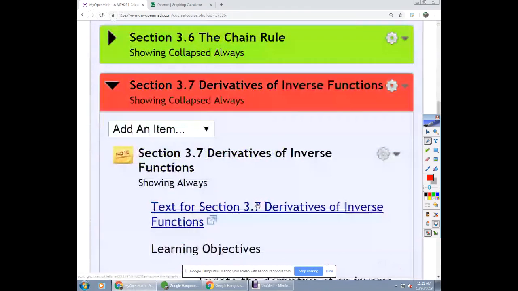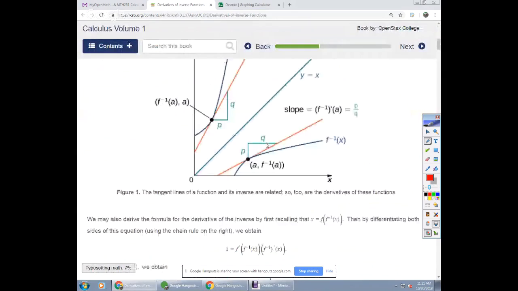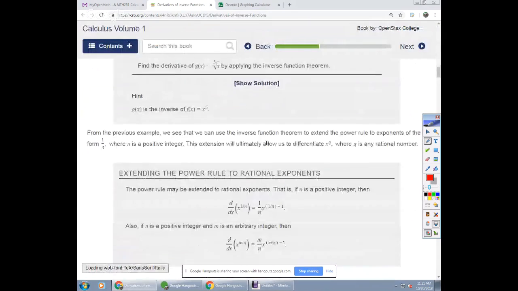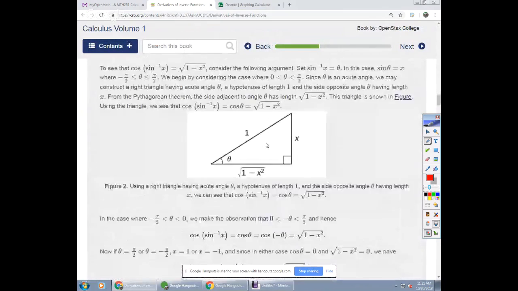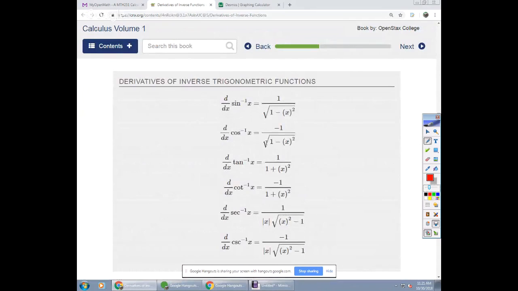So here they are. Okay, so what do you need to know? You should know the arc sine, the arc cosine, and the arc tangent. The other ones aren't a big deal.